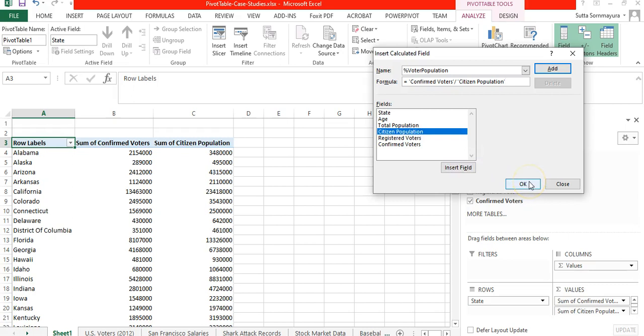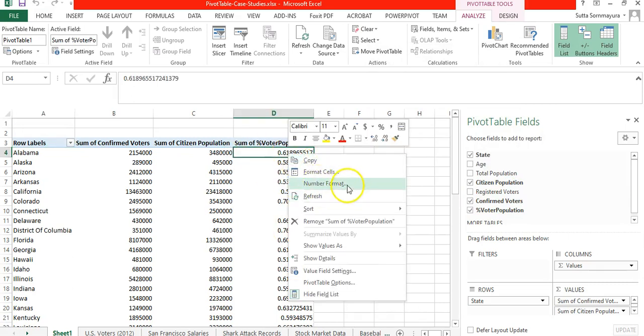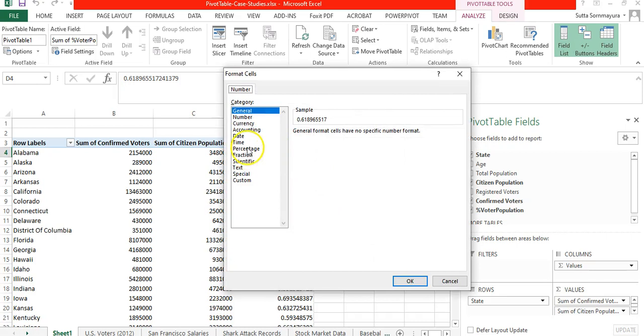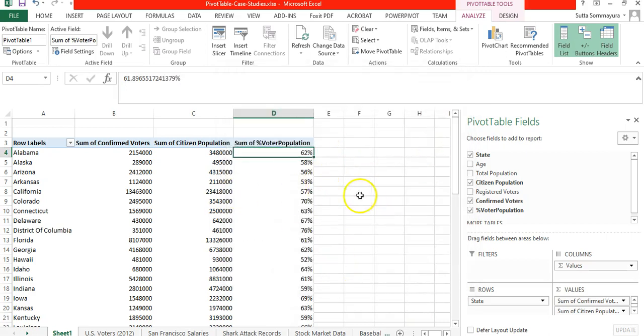Okay, so you create the new field, and once you click OK, you have the new field, and so you have to change this number format to percentage, and you can have 0 decimal.